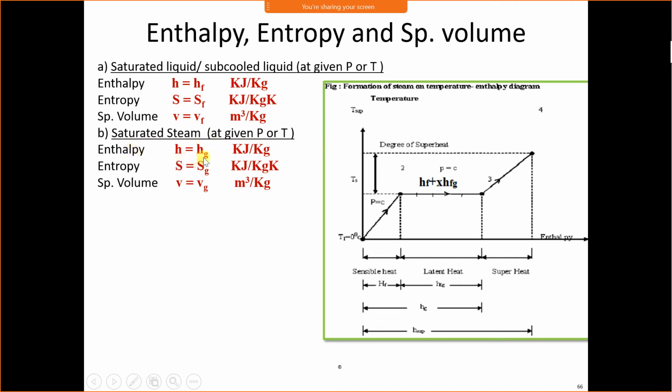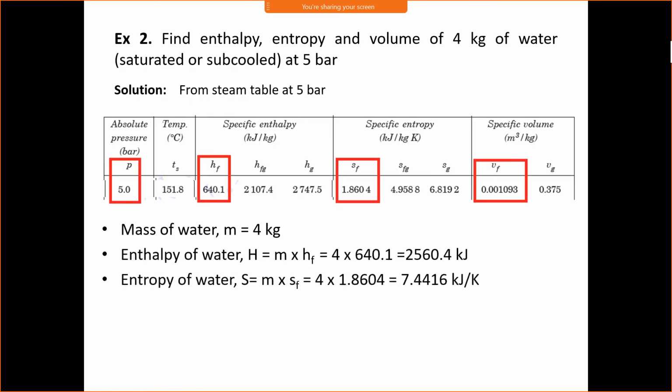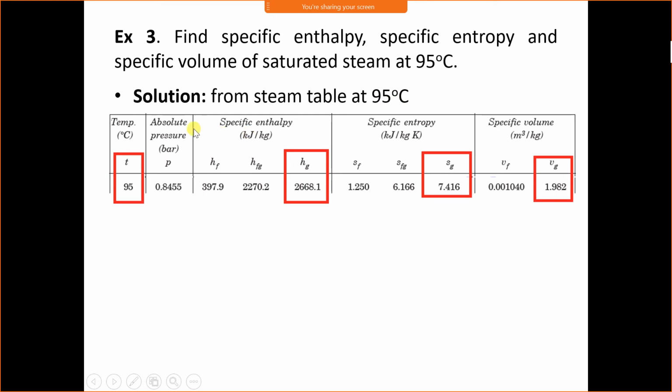If the steam is saturated, then for enthalpy, we have to take hg from the steam table. For entropy, we have to take sg. For specific volume, we have to take vg. Now from the steam table at 95 degrees Celsius, I have taken a snapshot of the steam table.